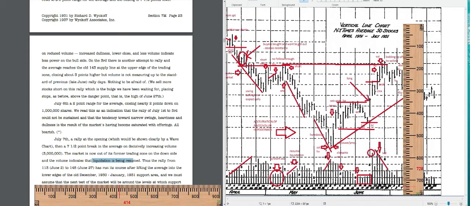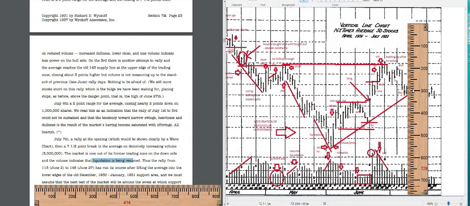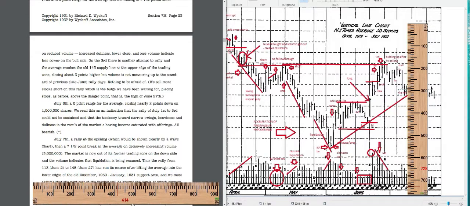So once this break happens, it's just a breakdown, that's all it is. What does he assume? He assumes that it's going to go for the prior support.